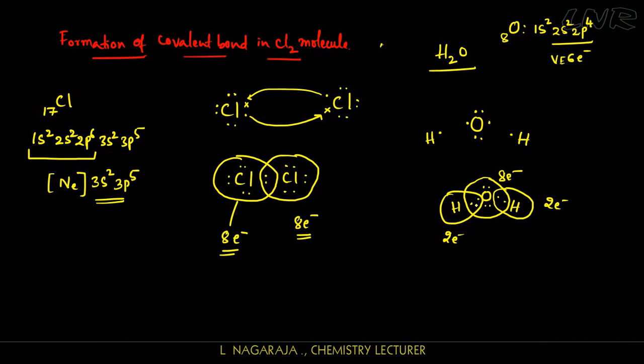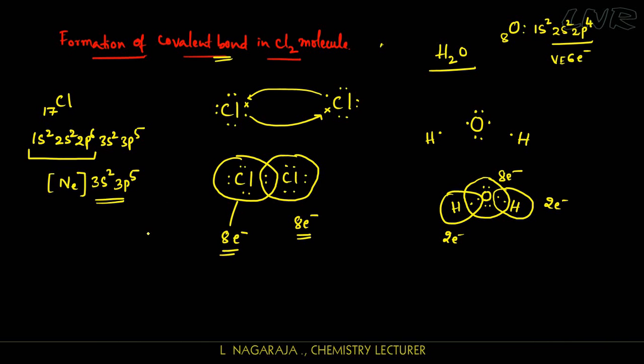So there is a certain force of attraction between the oxygen and the hydrogen atoms. That force of attraction is formed by the mutual sharing of electrons. That mutual sharing of electrons force is called a covalent bond. That is, a covalent bond is formed by the mutual sharing of electrons.